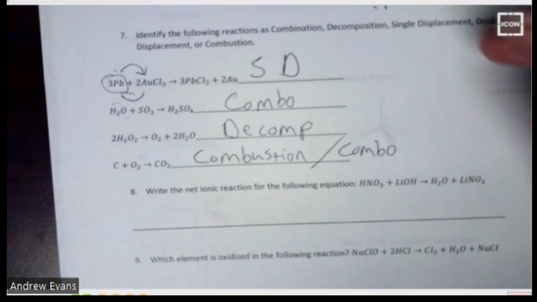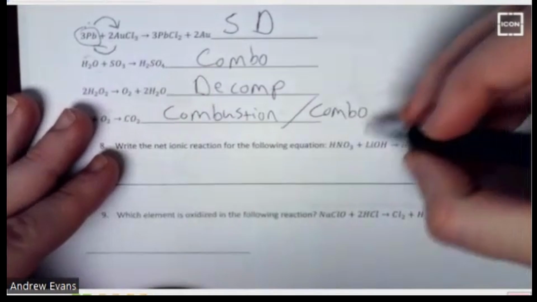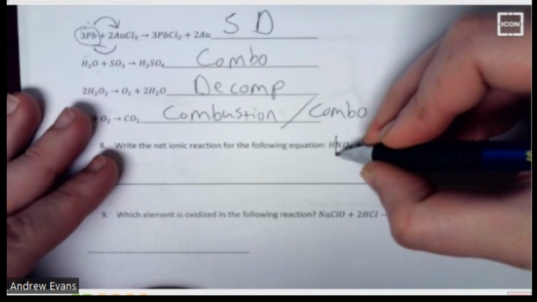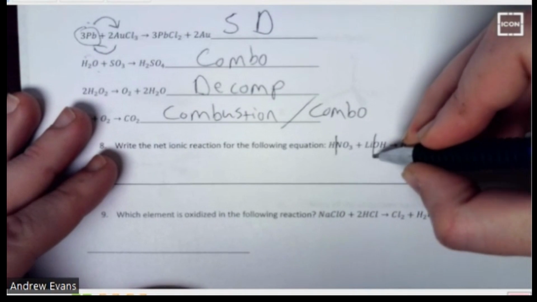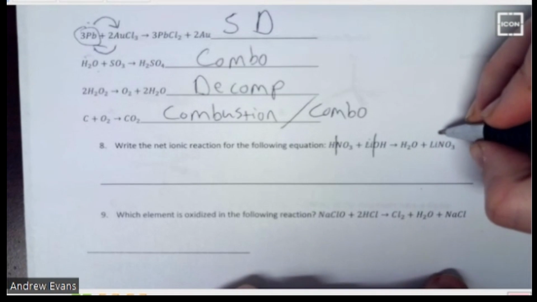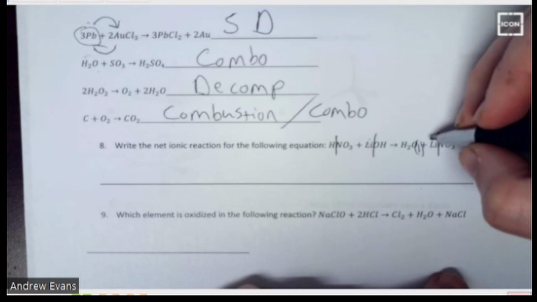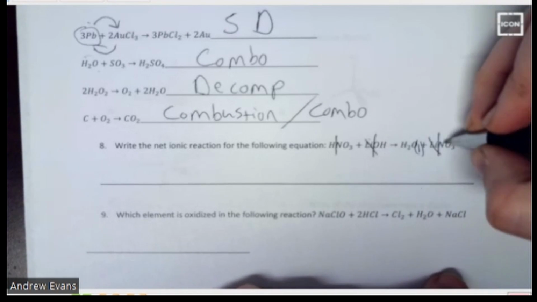Now, this was not meant to be hard. Strong acid, strong base. You look, anything with nitrate splits up. Anything with hydroxide, well, anything with group 1 metal splits up. Water is a pure liquid. So what do you have when all things cancel out?